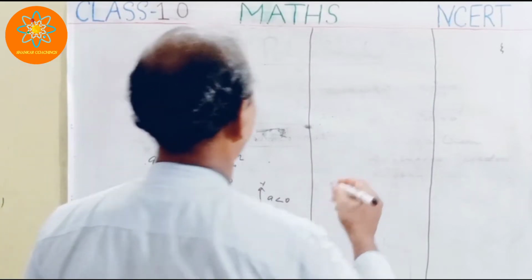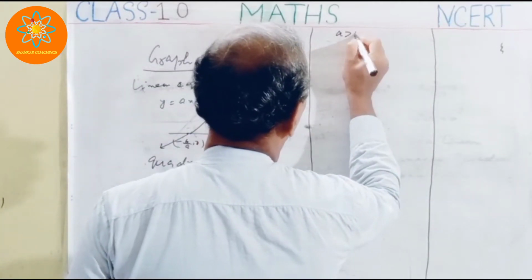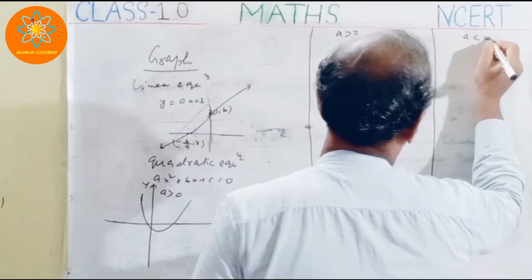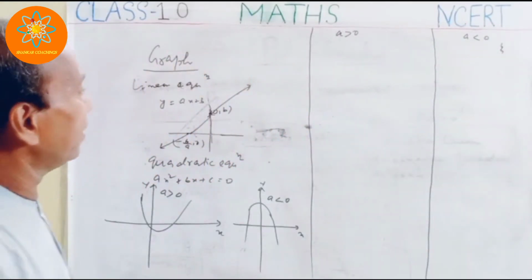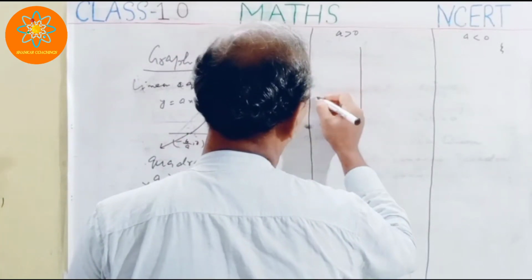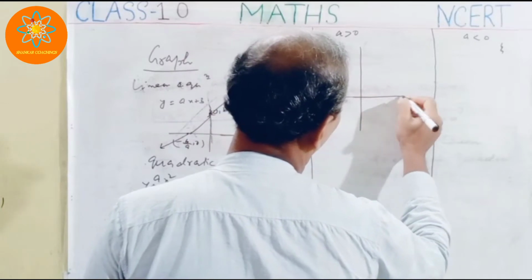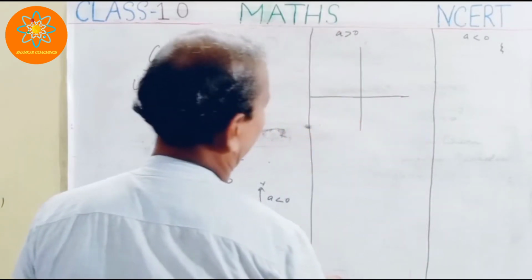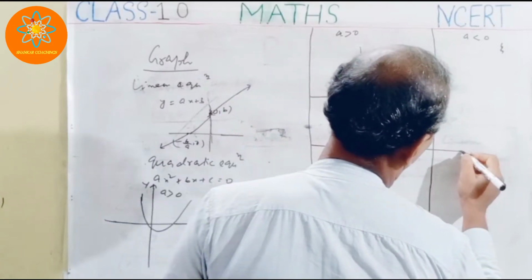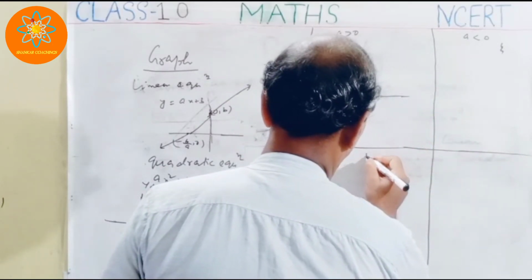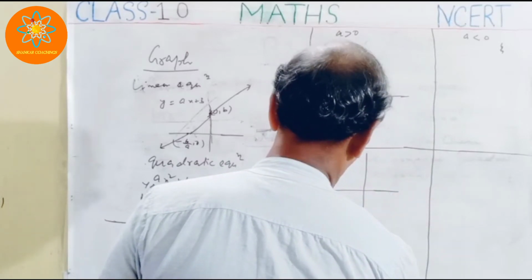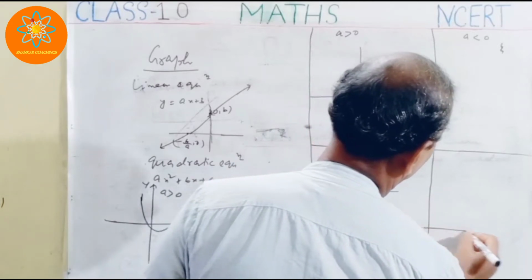The left hand side case is when A is greater than 0, and in this case I am taking A less than 0. So if A is greater than 0, how will the values be? See this one. Likewise here also, one coordinate here, it will be like this, or see the next one, like this.